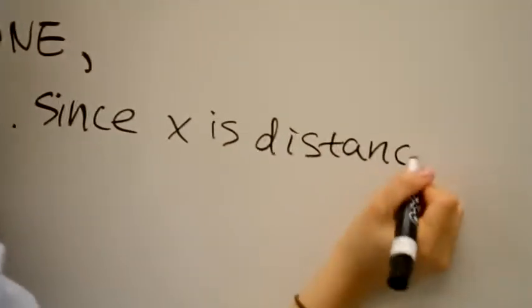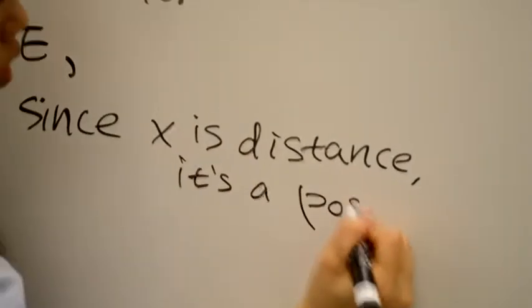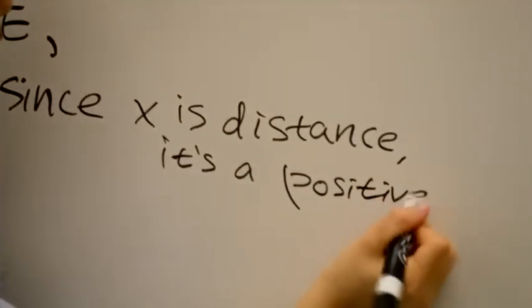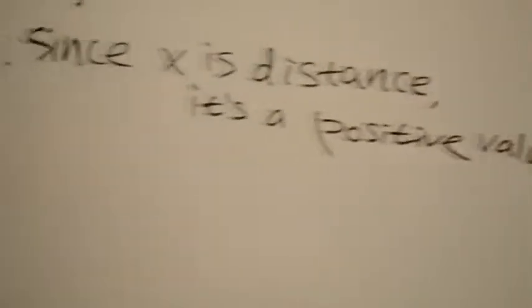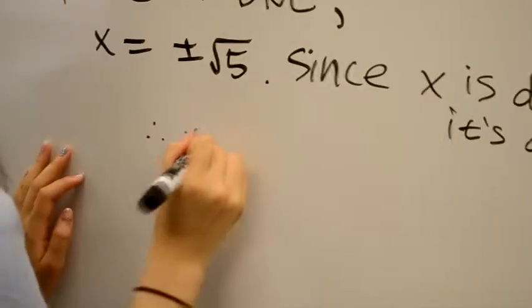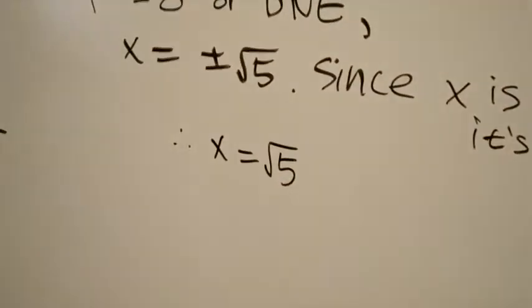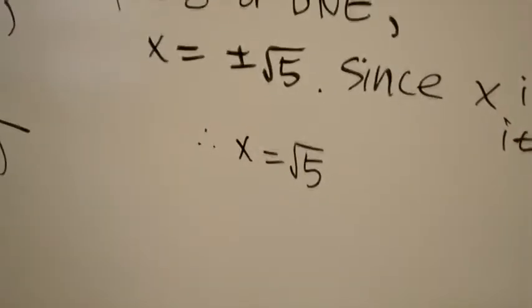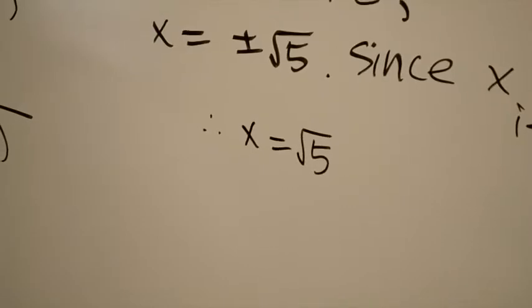So using a calculator, we found that x equals plus or minus the square root of 5 were the answers for f of x equals 0. However, in this case, since x is a distance, it cannot be negative. So the answer must be the square root of 5.